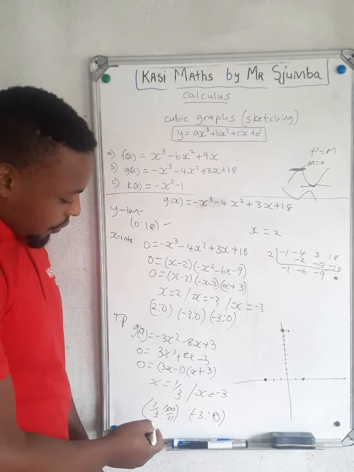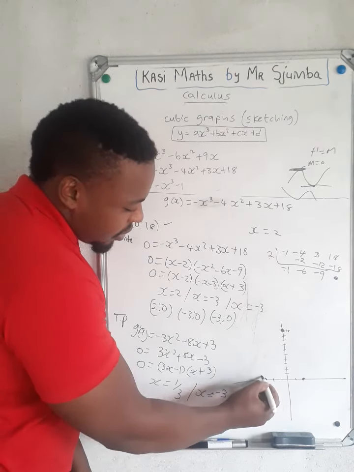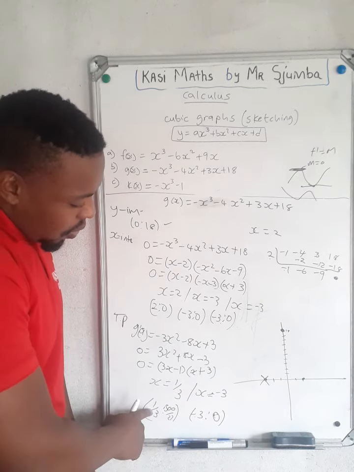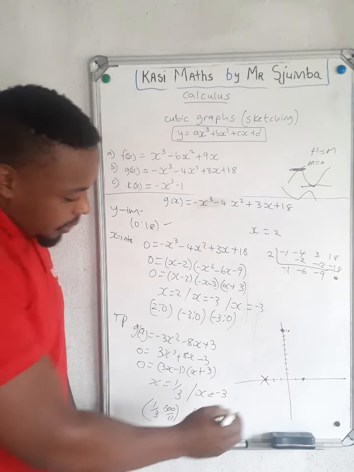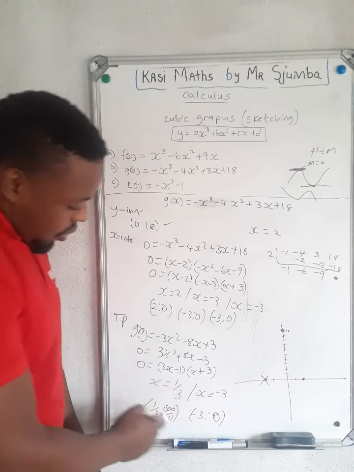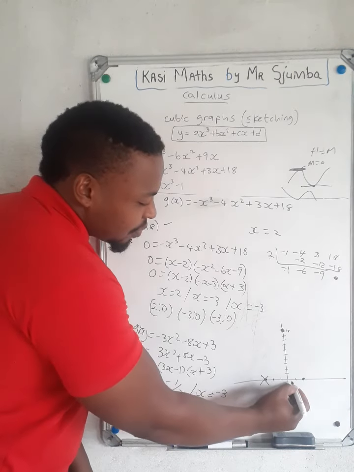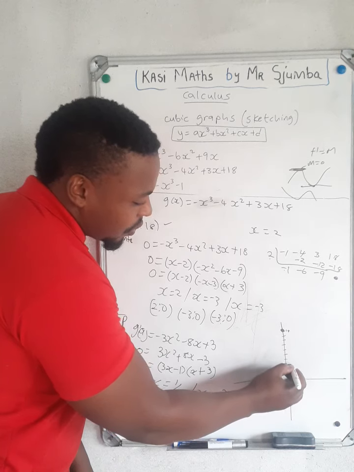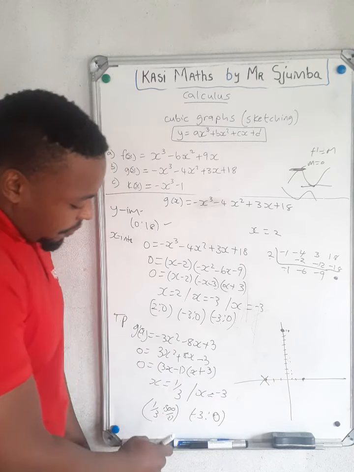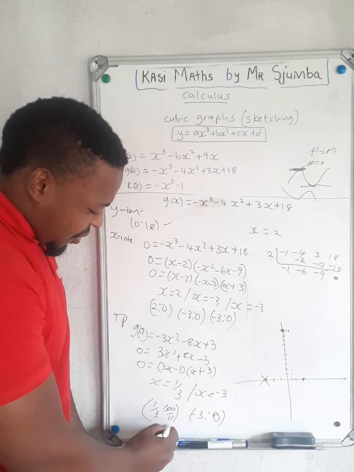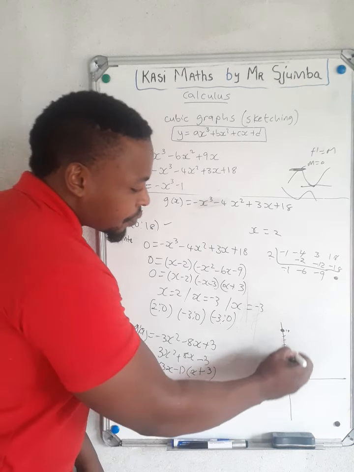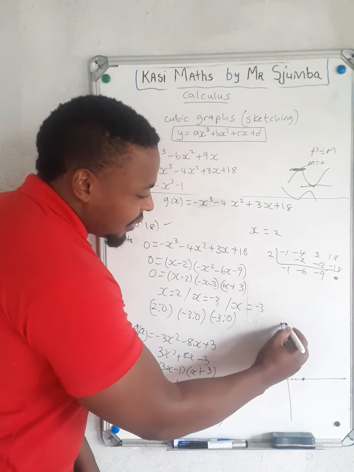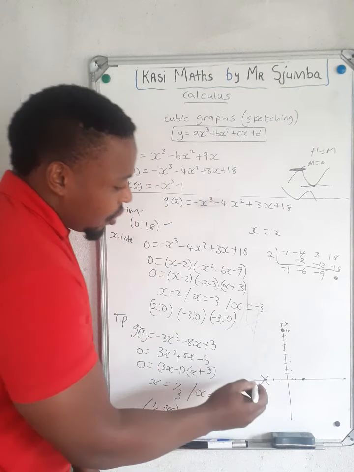And then for the turning point, 1 over 3 is like 0.3, which is positive. So 0.3 comma 500 over 27, which we have found to be 18.5. So now 18, now 19, now 18.5.